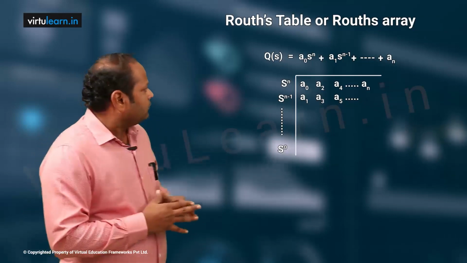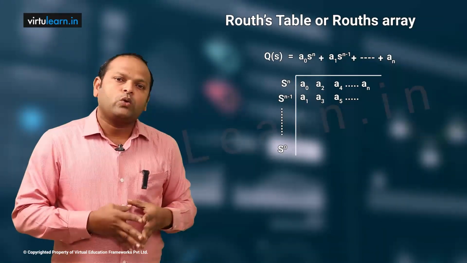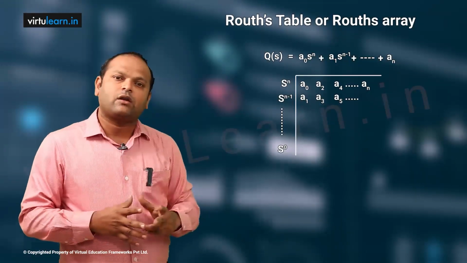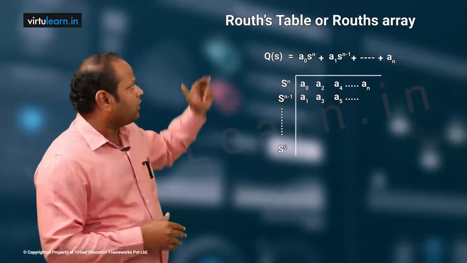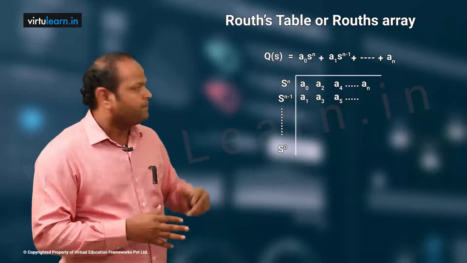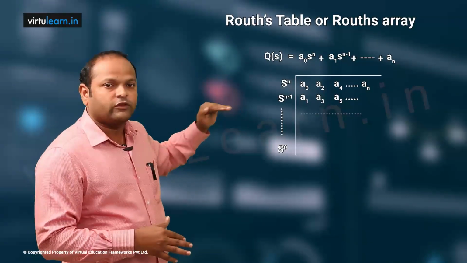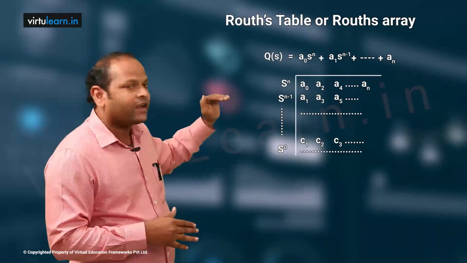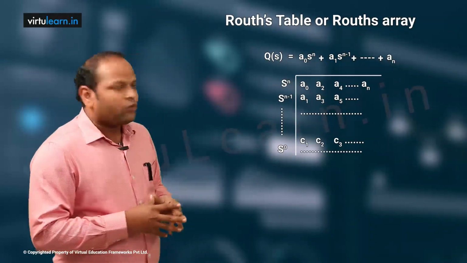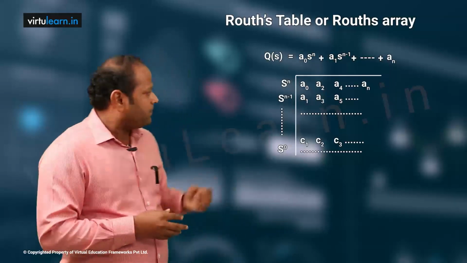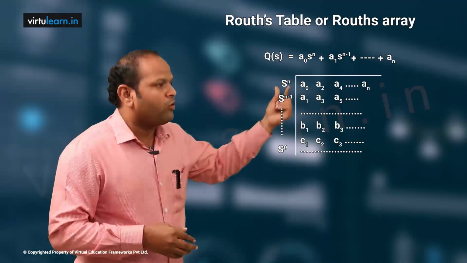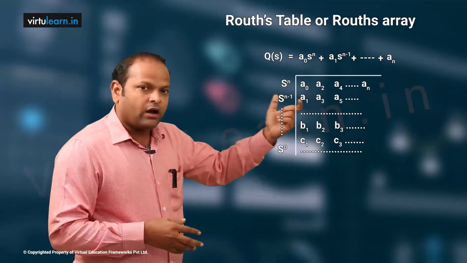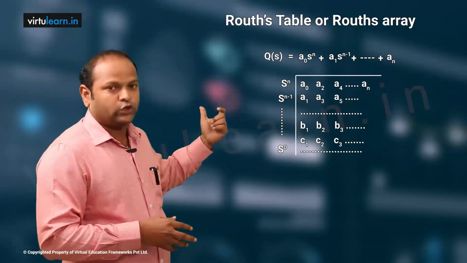Okay. Now let us see how to calculate from the third row onwards. For the first and second rows we already got all the elements from the characteristic equation. Let us take the third, fourth, fifth and so on. First we will see the third row, that is the s power n minus 2 row. I am going to define the elements as b1, b2, b3 and so on. b1, b2, b3 are the elements of my third row.